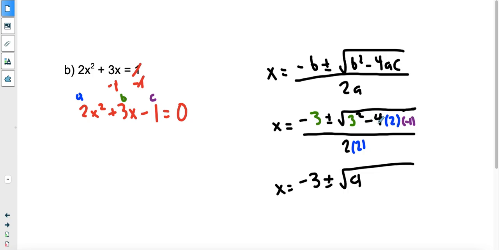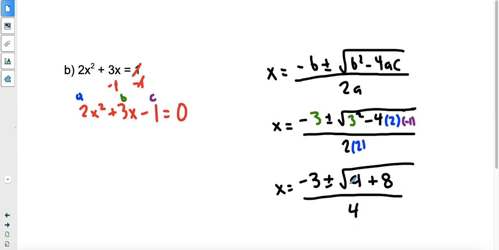Minus 4 times 2 times -1. Well, -4 times 2 is just -8. And -8 times -1 gives you +8. And I'm going to divide this all by 2 times 2, which is 4.